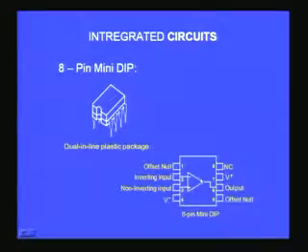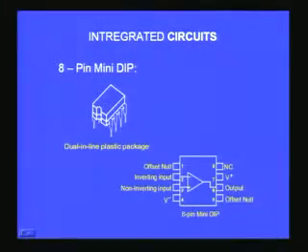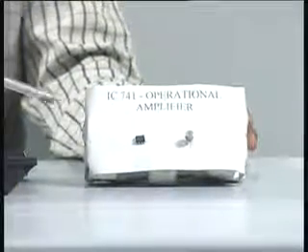This is mini dip. To just give you an idea, I have brought here 2 devices. I hope you can see them now. You would be able to see I have brought 2 such operational amplifiers, one on a metal can, another on a plastic dual inline package.